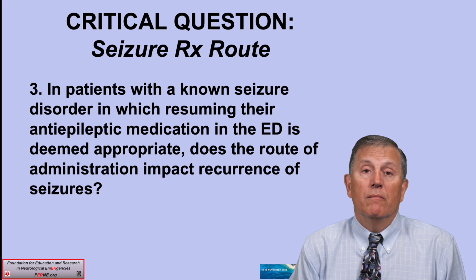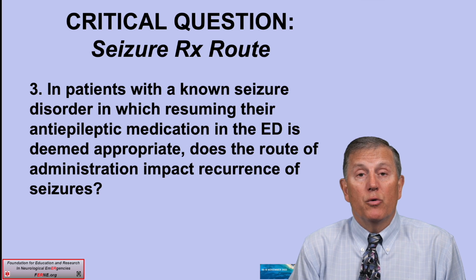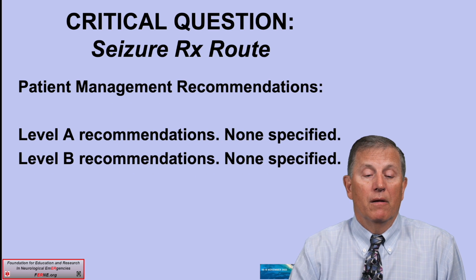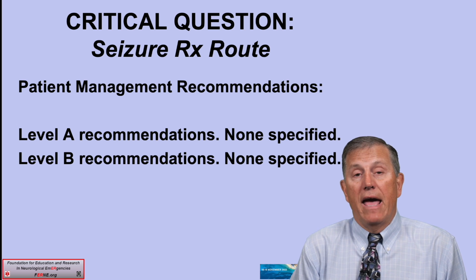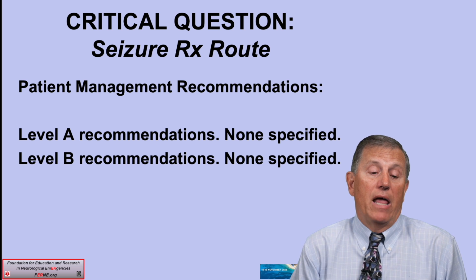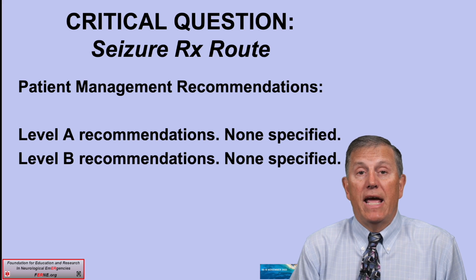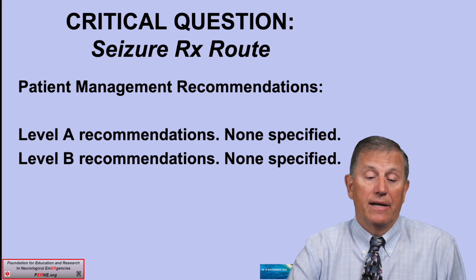In other words, does it matter which route is utilized in preventing subsequent or recurrent seizures from occurring? As with our first two questions, there's insufficient strong evidence that would support a level A or level B recommendation for these guidelines and to answer this clinical question.